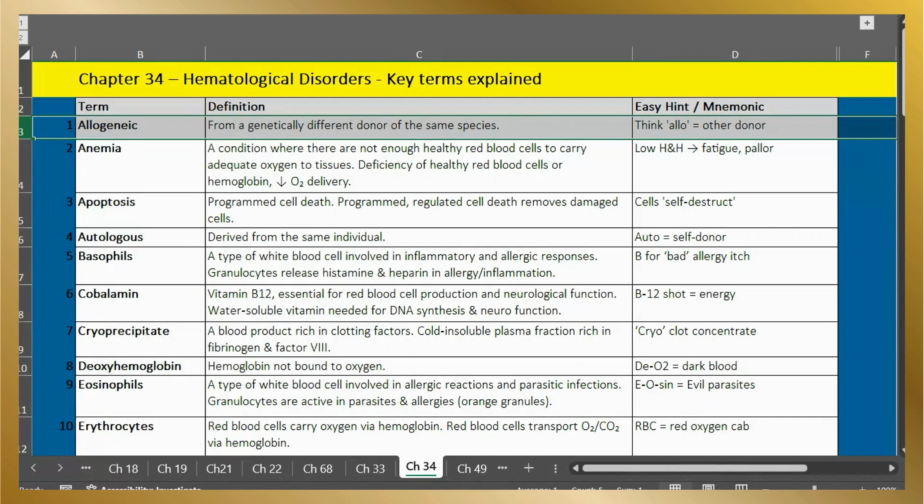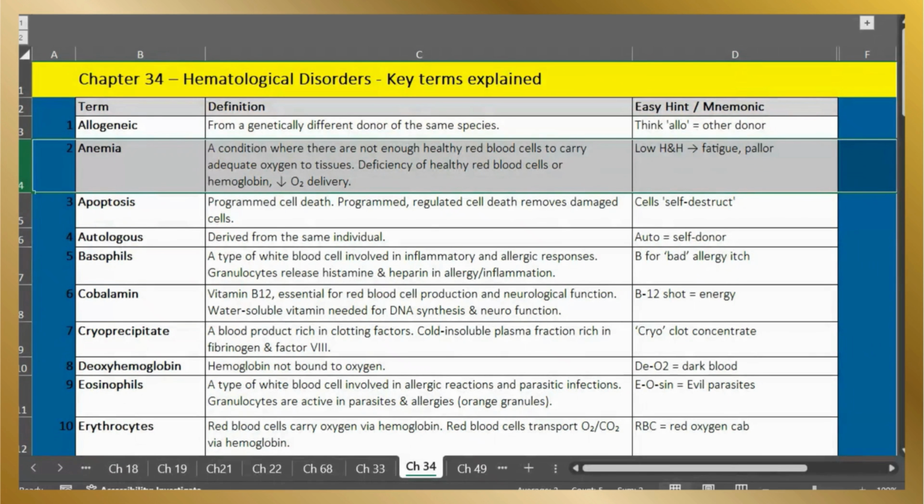Anemia. Let's go to the next one. So anemia, we know it's a condition where there are not enough healthy red blood cells to carry adequate oxygen to tissue. Deficiency of healthy red blood cells or hemoglobin, so it's decreased oxygen delivery.